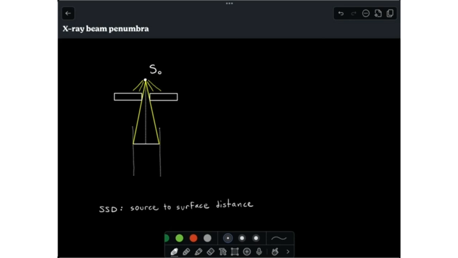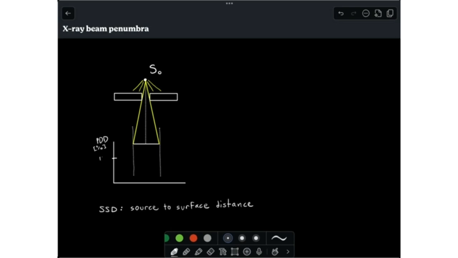Now, I'm going to draw a percent depth dose curve, PDD, to show how the dose is distributed laterally at this line. So PDD, that's the unit is percentage of the maximum dose.